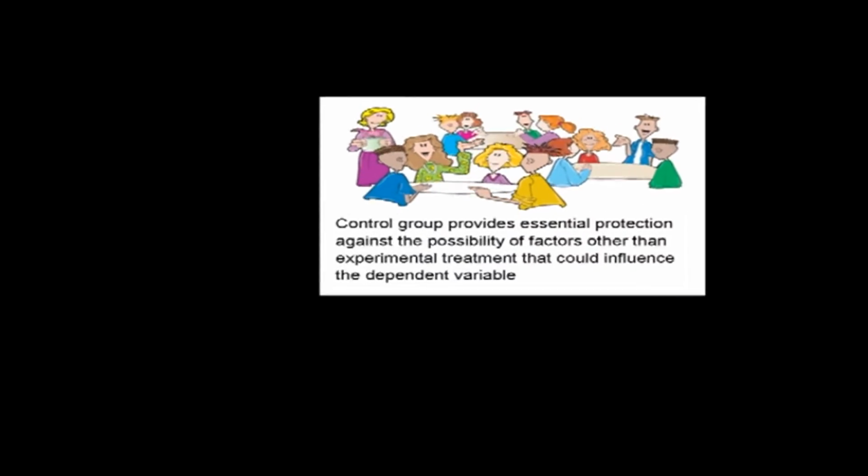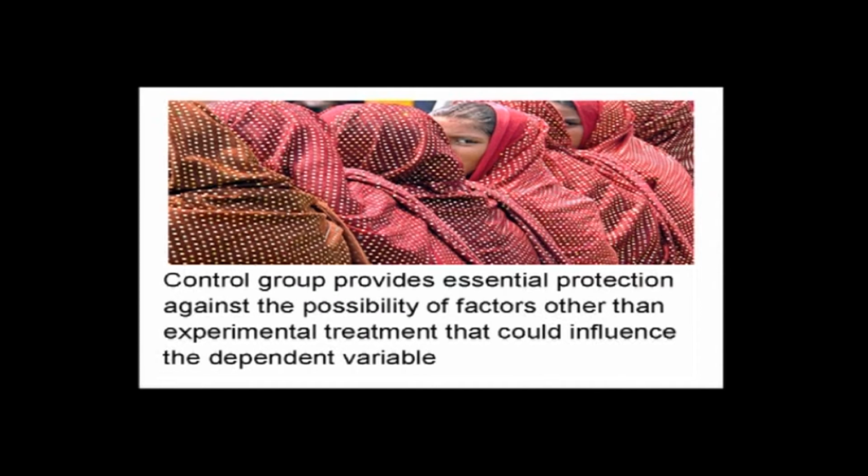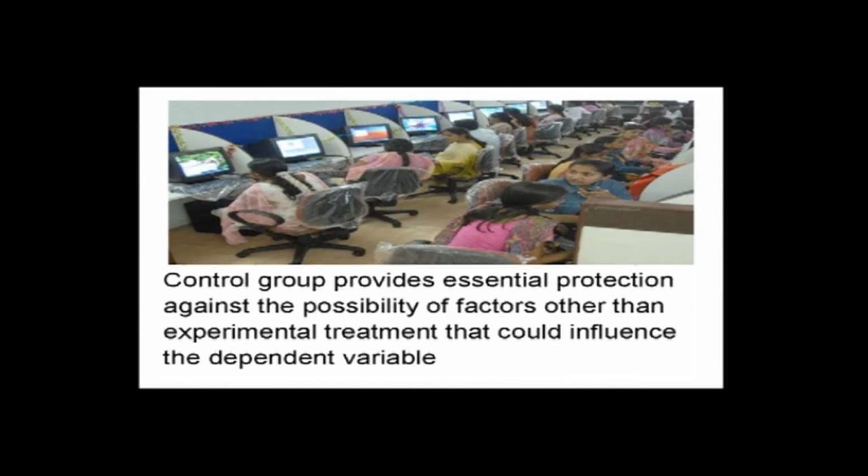To conduct an experiment, we should have two groups, a control group and an experimental group. The control group provides essential protection against the possibility of factors other than experimental treatment that could influence the dependent variable.